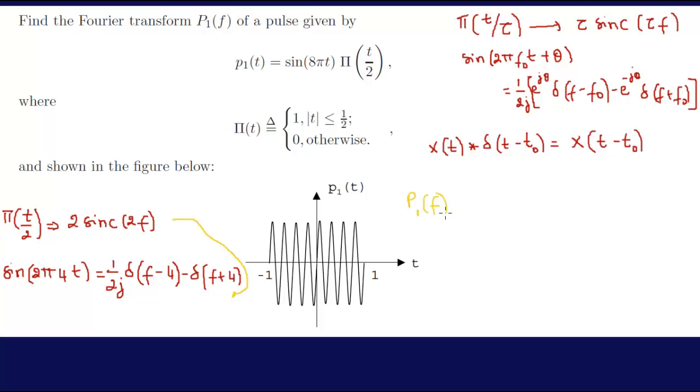P1 of f is now therefore equal to 1 over 2j.